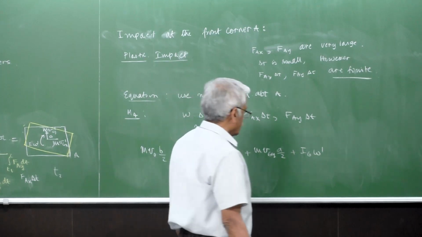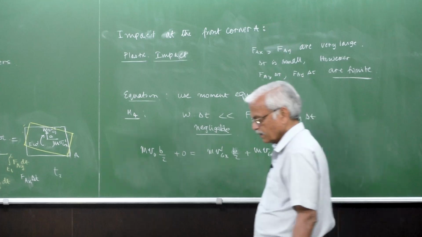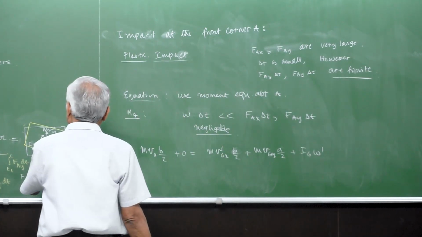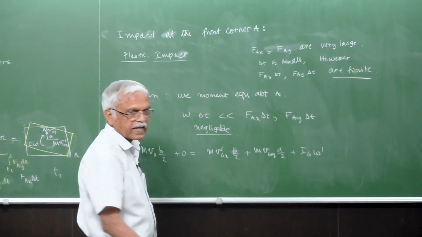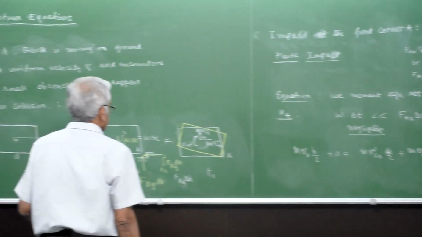So this is what essentially I have to do, but the G is put as vgx and vgy prime.